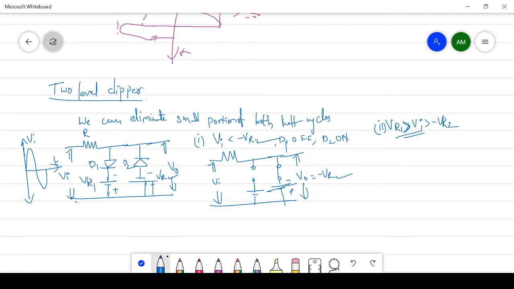Next, above the reference voltage of VR2, D2 is also off. So in this condition, both diodes D1 and D2 are off, so both are open circuits.